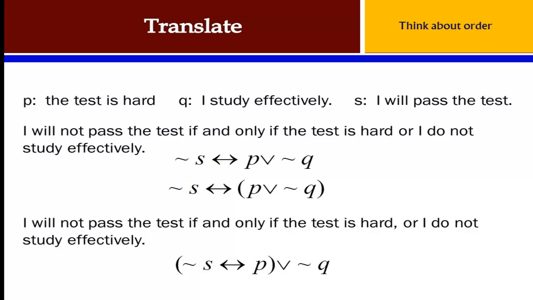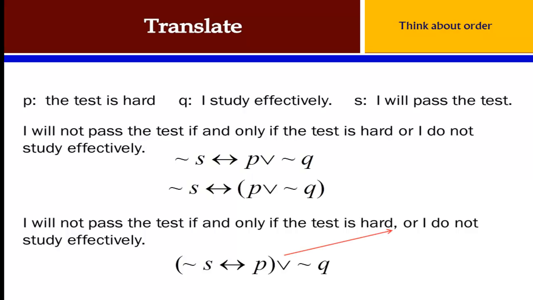I will not pass the test is the negation of S. If and only if is the double arrow. The test is hard is P. Or I do not study effectively, the tilde Q. Because not passing the test and the test being hard are on the same side, that biconditional if and only if statement is grouped together with parentheses when we write it symbolically.